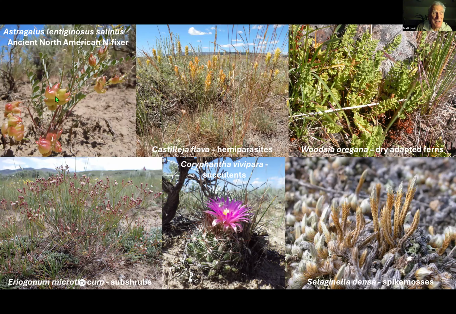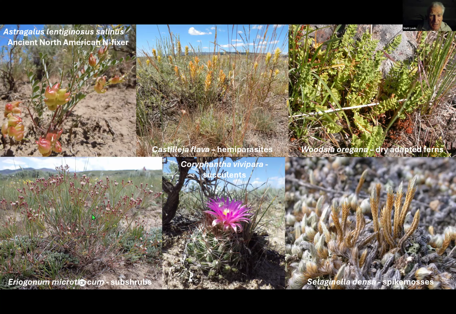So the nitrogen fixers, those that belong to the legume family and show genetic evidence of being paleo North American endemics. So lots of endemic species in North America for these kinds of Astragalus. The parasites and hemiparasites such as Castilleja flava, which was one of the species of Castilleja common in the sagebrush steppe of the Jarbidge area.